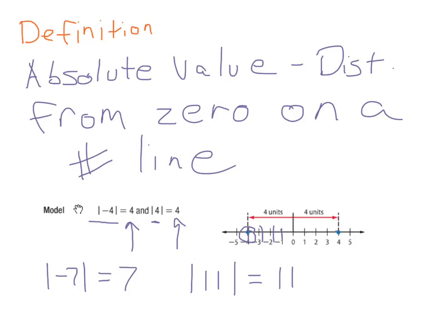And that makes sense because, again, the absolute value tells you the distance from 0 on a number line. The absolute value of 20 is 20. It's 20 units away from 0. The absolute value of -40 is 40. It's 40 units away from 0. It doesn't matter that it's to the positive side or to the negative side. We're strictly talking about how far away you are from 0.